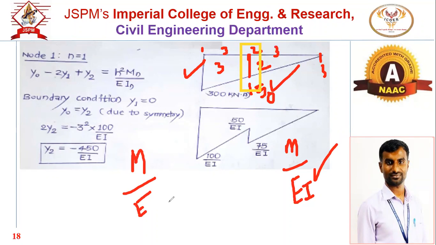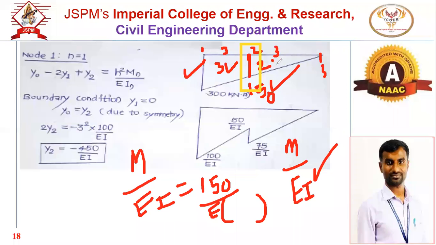So what is M for the second node? Bending moment is the same as before, and that bending moment will be 150. That bending moment is 150 divided by EI. E is constant, but the cross section I is changing. It is 3I for the left portion and twice of I for the right portion.